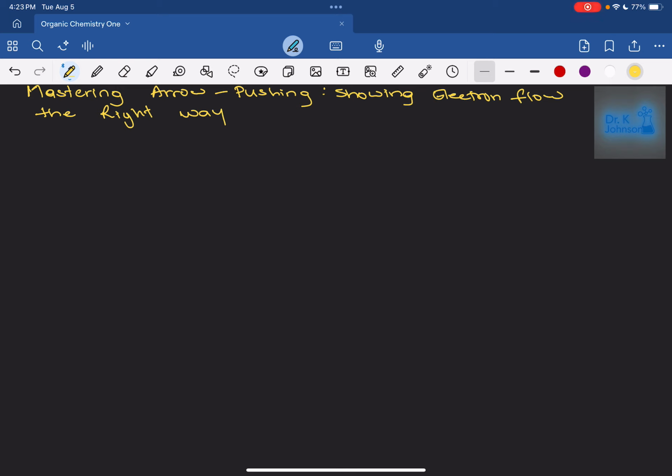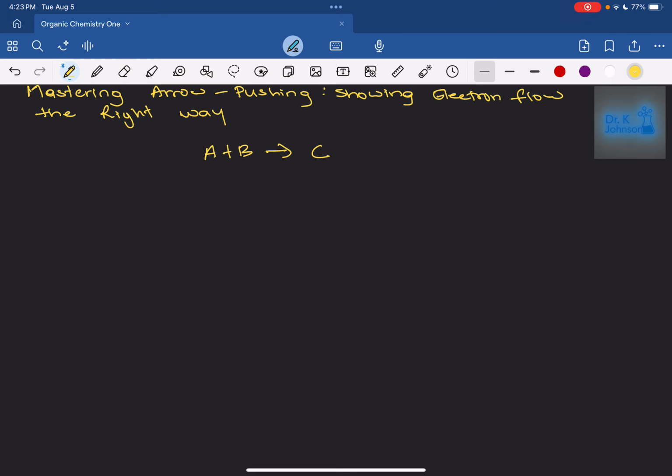If you know how to use arrows to show the movement of electrons, you can be given A plus B to give you C. Let's say you had no idea what C was. You can literally write a reaction mechanism between A and B and figure out what C is.